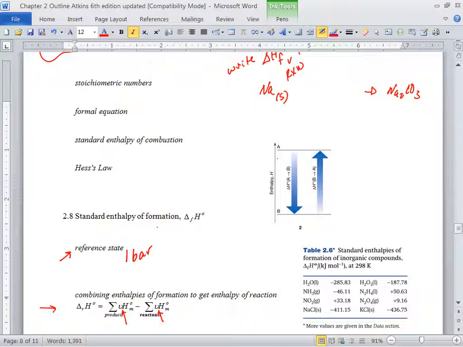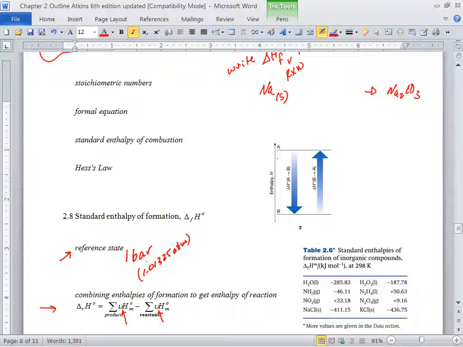Everything at first has to be 1 bar if it's a gas, right? Now what's a bar? We're used to atmospheres. Is it the same? It's really, really close to being the same. 1 bar is 1.01325 atmospheres. So whatever. Okay. That's if it's a gas.